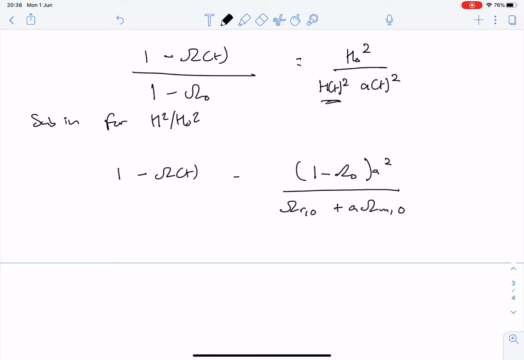And so this term, the 1 minus omega naught, we know is small, but we don't know that it is 0. If it is 0, of course, it's flat forever. A flat universe remains flat at all times.